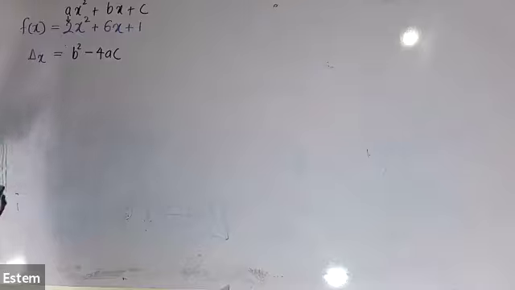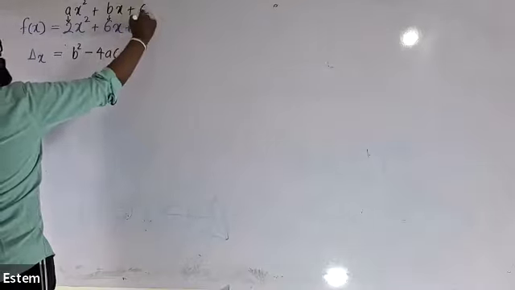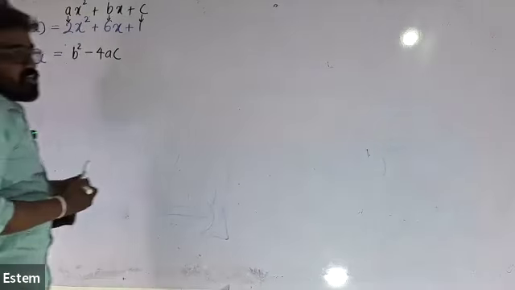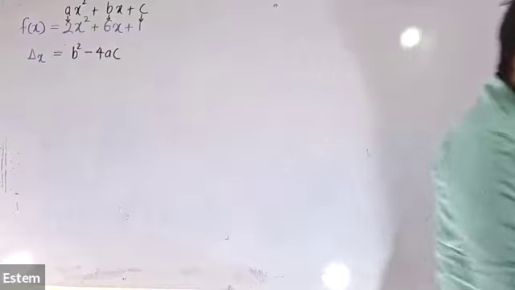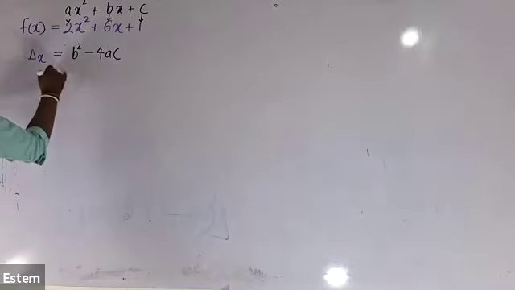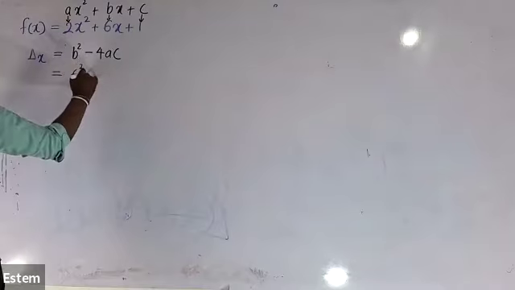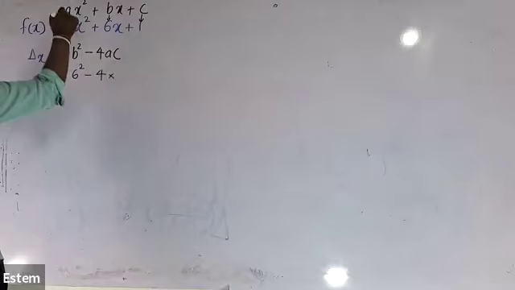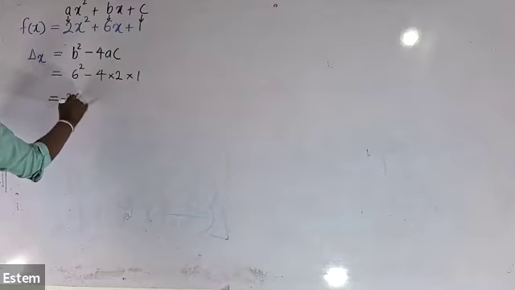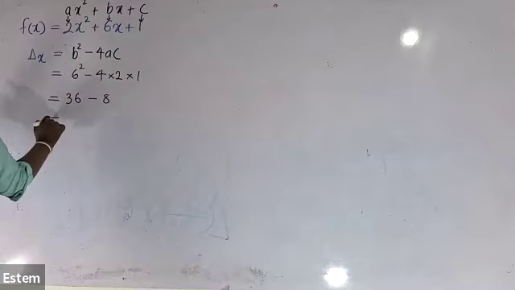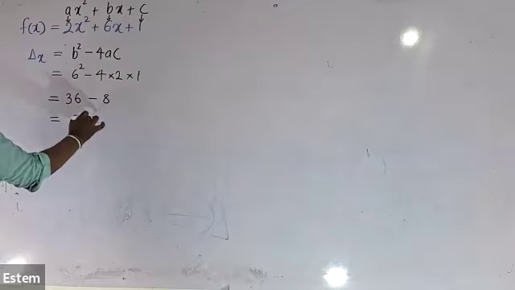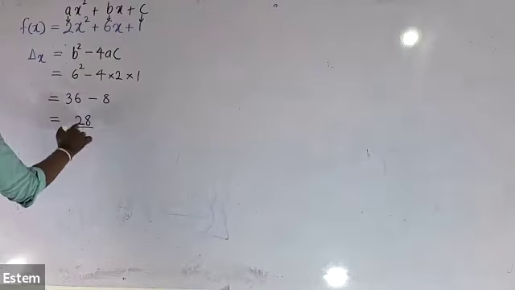Now we can see that a is 2, b is 6, c is 1. So 6 squared minus 4 times 2 times 1. 6 to the power 2 is 36, minus 8, so it is 28.